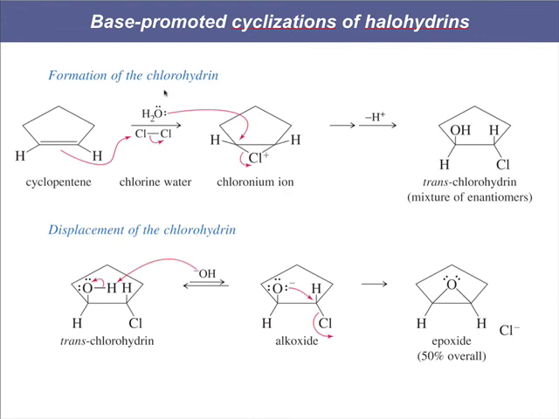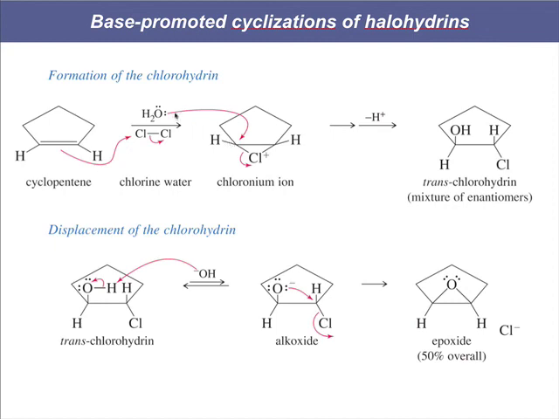Again, here's the mechanism for formation of the halohydrin. You can make the chloronium ion or the halonium ion from one face of the alkene by adding the alkene to our halogen. But then instead of the halide opening the halonium ion, the water opens the halonium ion.